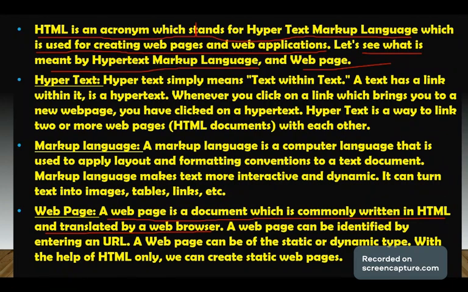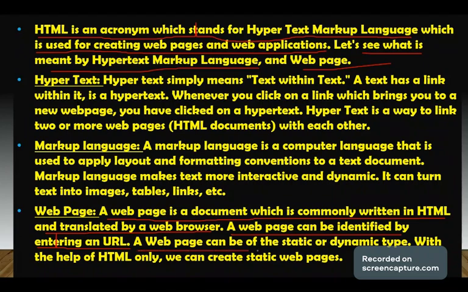And we seek those pages through the web browser, like Microsoft Edge, Google Chrome, etc. A web page can be identified by entering the URL. Entering some text or directly writing a link in the search engine can take us to the different web pages, or you can see the required web pages, right?